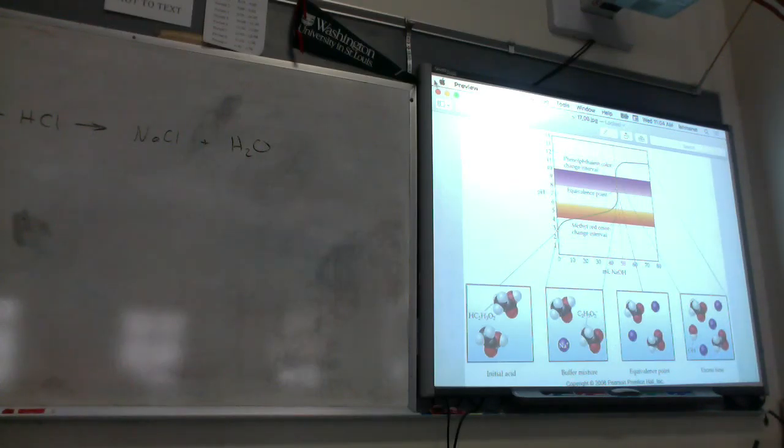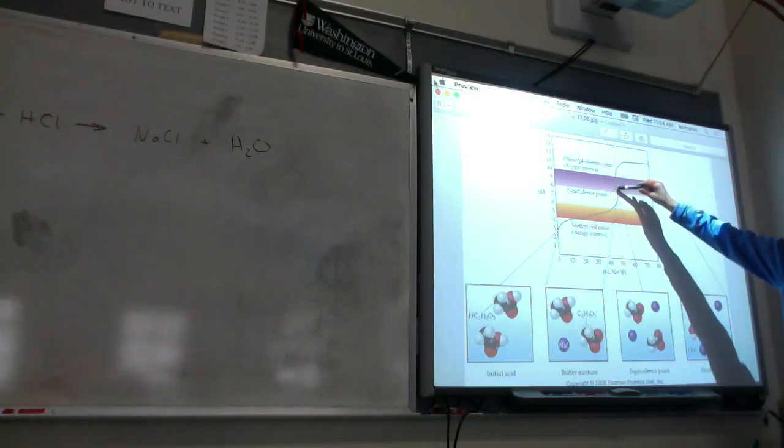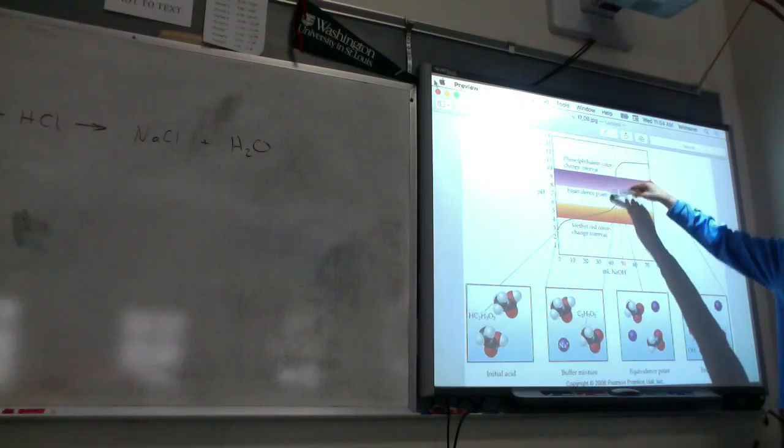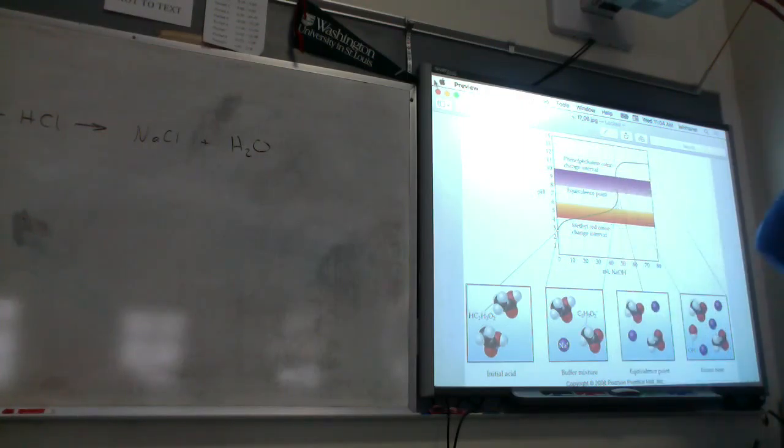When you're trying to find which indicator to use, one, you're already going to have a pretty good idea of what the pKa is going to be. We'll get into that later. But what you want to do is match up the pKa so that it is going to show up in the range of that indicator's range of color change. As long as you're within that range, you found a good indicator.